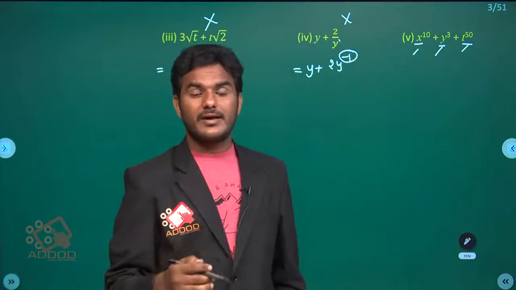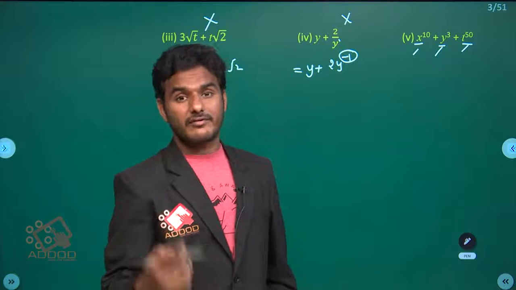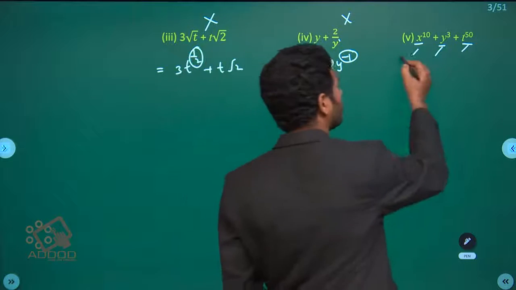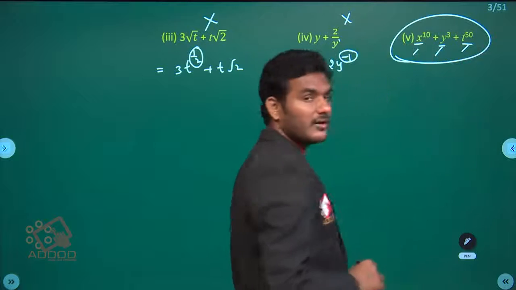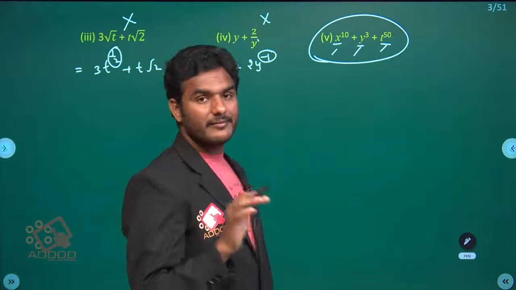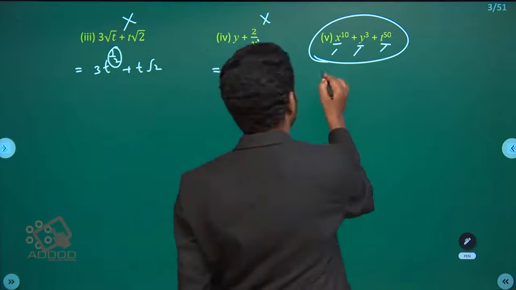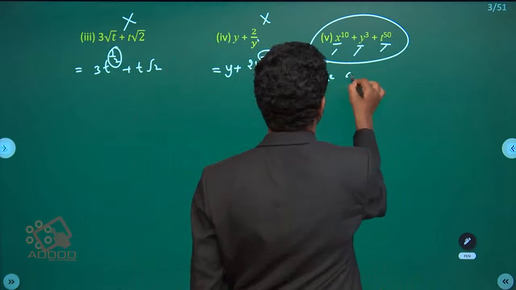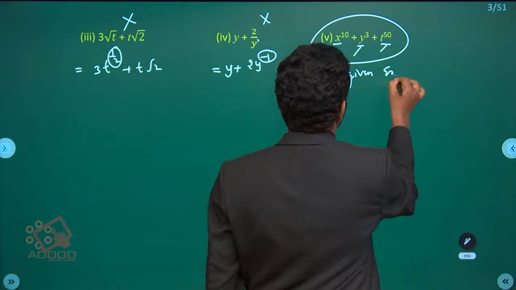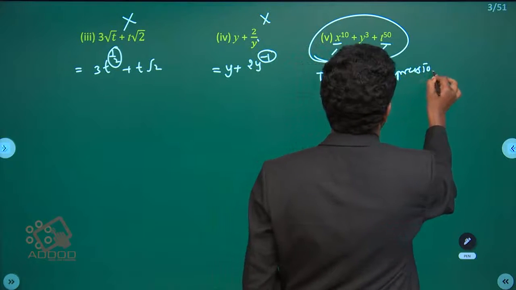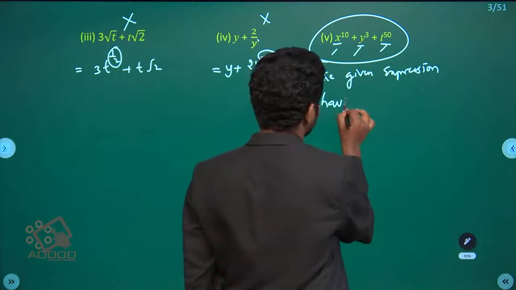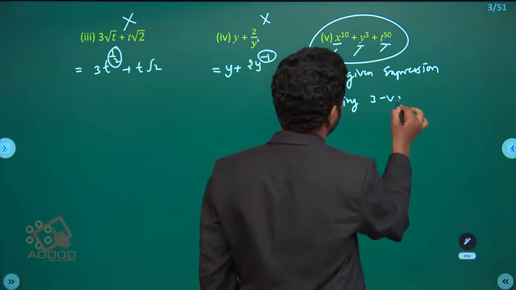We have to identify the polynomial which is having only one variable. Here the three variables we are having. So this is not a polynomial with one variable. Why? Because there are three variables in the given expression. So that only you can write: the given expression having three variables.